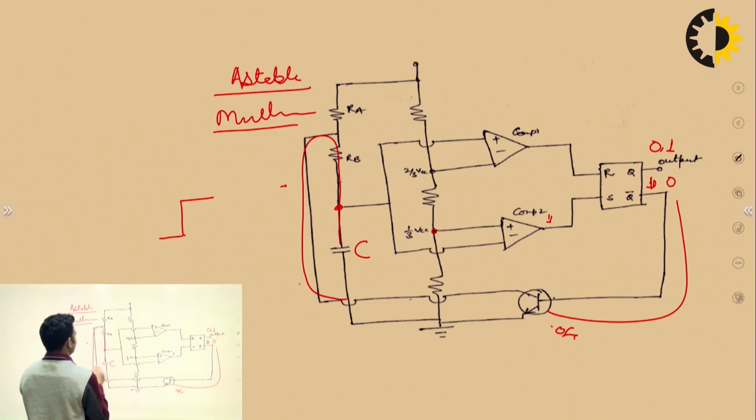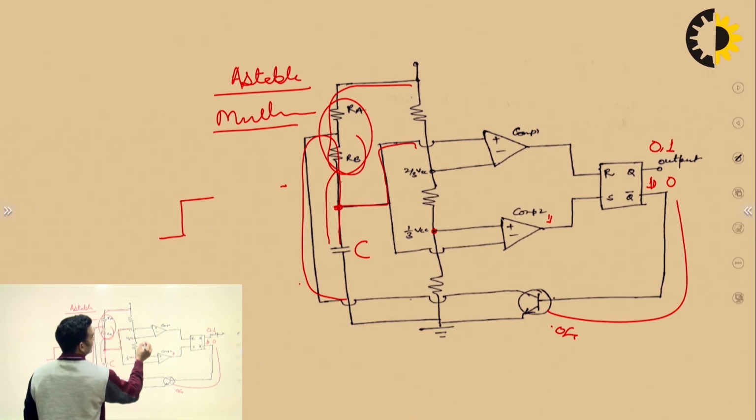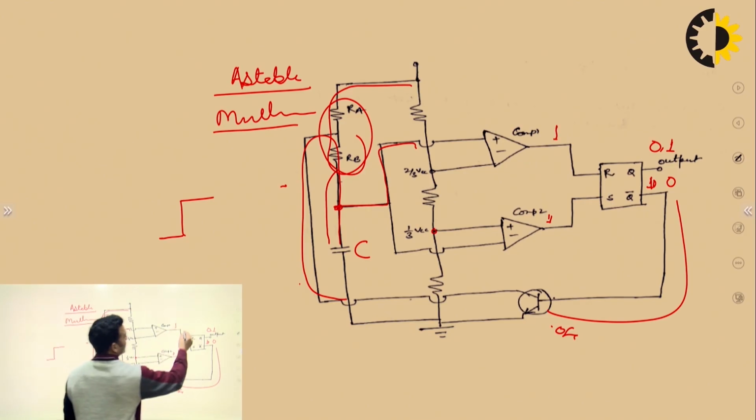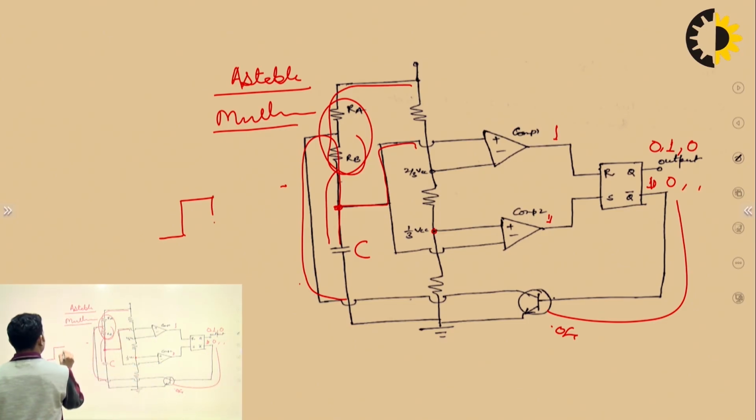Now this capacitor will start charging through RA and RB towards VCC. As the voltage across the capacitor becomes slightly more than 2/3 VCC, this comparator will become active. It will become 1, reset, and the output will again become 0.